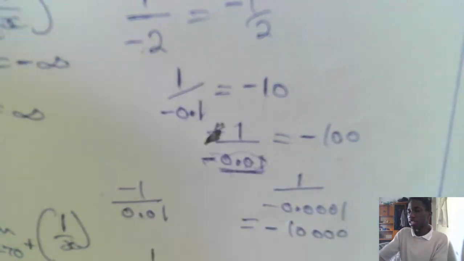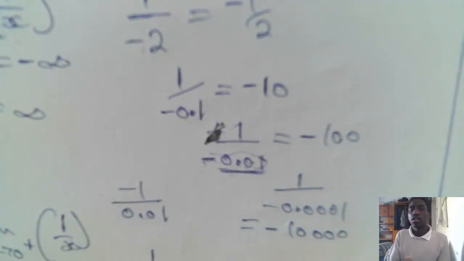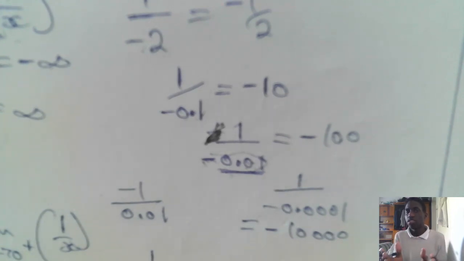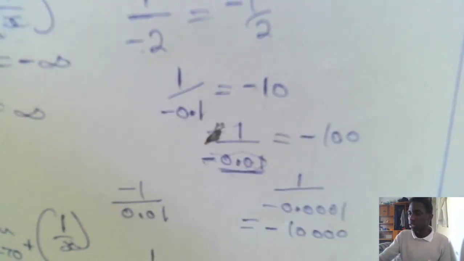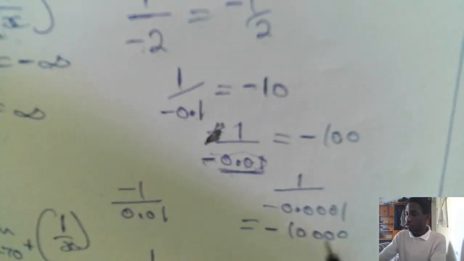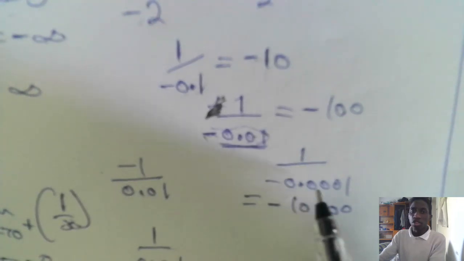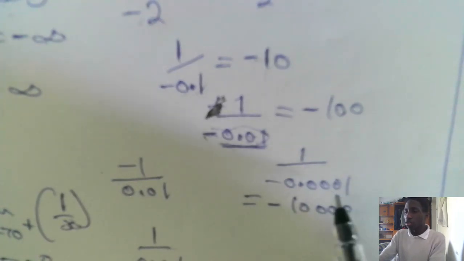Minus 100 is less than minus 10, but it has a higher magnitude. The magnitude increased: last time it was 10, now it's 100, but we have a negative sign. If we try minus 0.0001, we'll get minus 10,000.